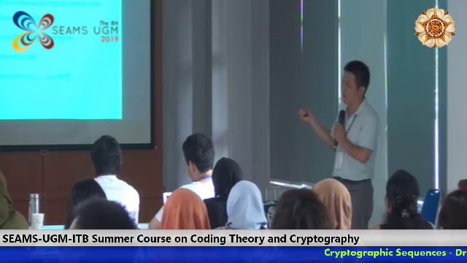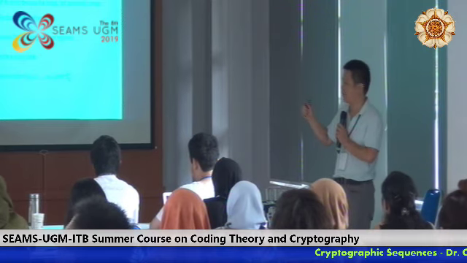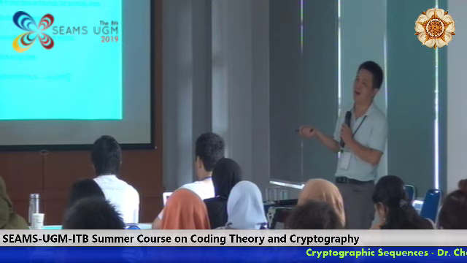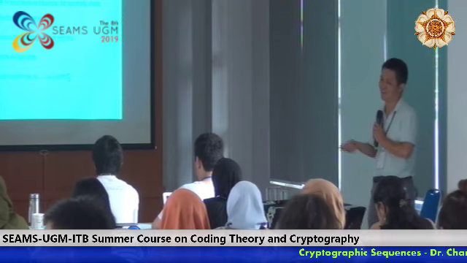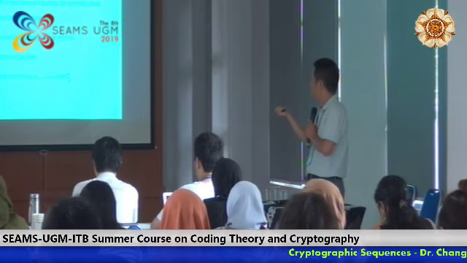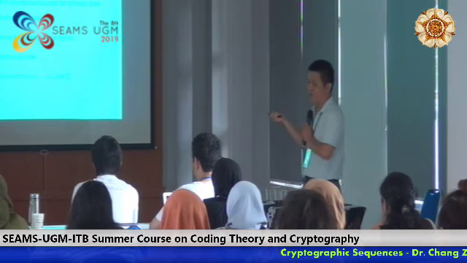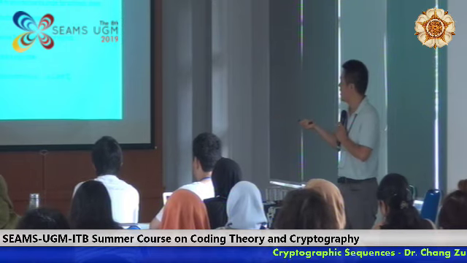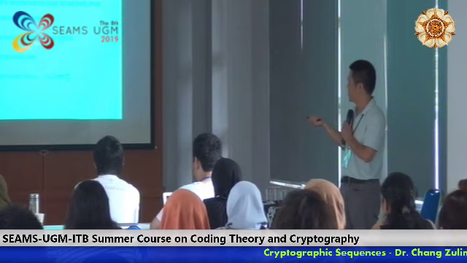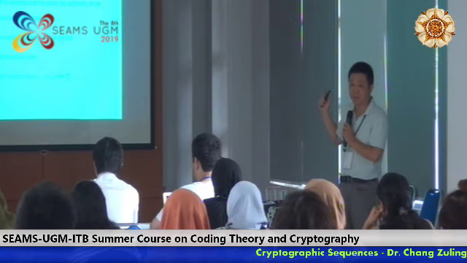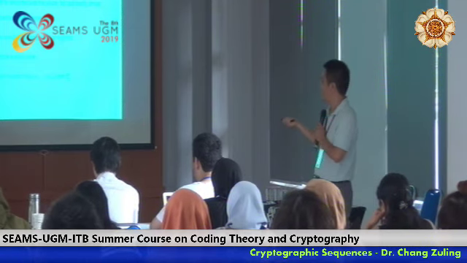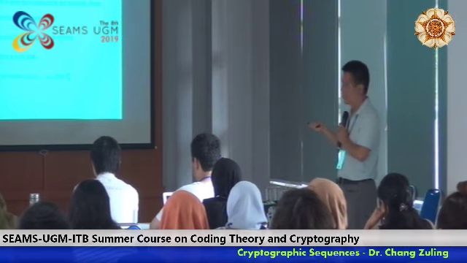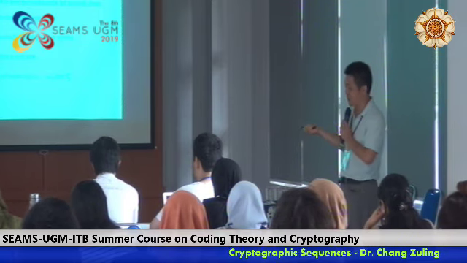Using this to generate a sequence is very simple, fast, and cheap. One FSR contains n consecutive two-state storage units, just registers, controlled by a clock, and has a feedback function.